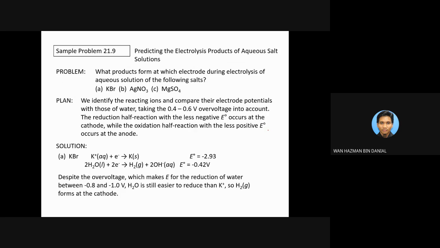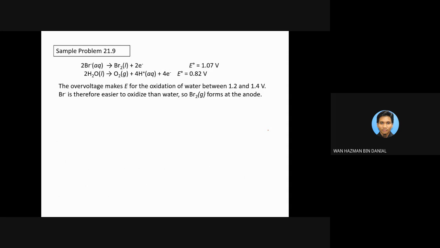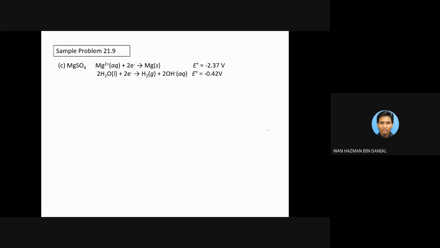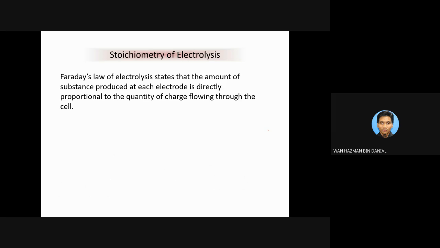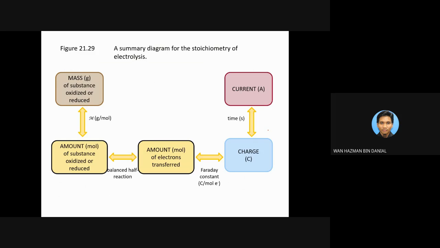I think this one we continue lah next week boleh kita ada sikit lagi for this topic. So I think kita akan continue with this stoichiometry of electrolysis lah. Okay, alright, it's very simple sebenarnya to calculate the amount of the mass electrons yang we call precipitate.